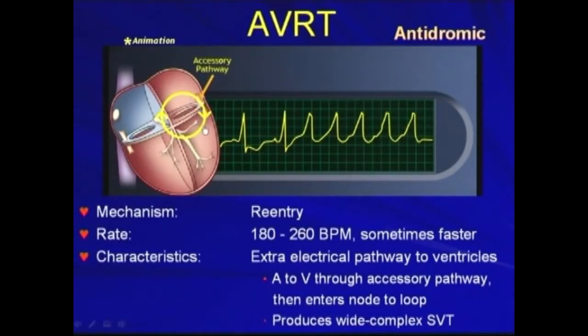So anterogradely, it goes through the accessory pathway, giving rise to a pre-excited or wide complex tachycardia. And then it retrogradely enters the loop to loop around. So anterograde through the accessory pathway and retrograde through the AV node gives rise to wide complex tachycardia. And this is called the antidromic type of atrioventricular reentry tachycardia.